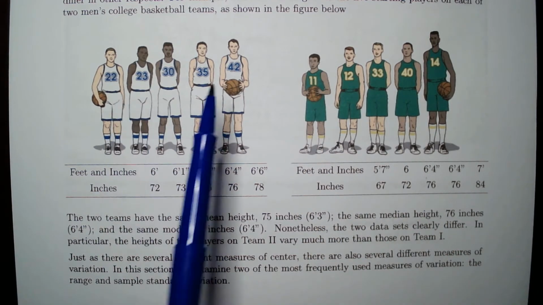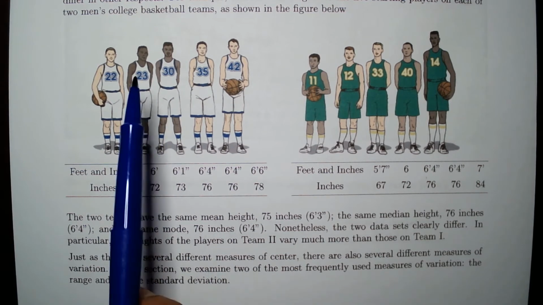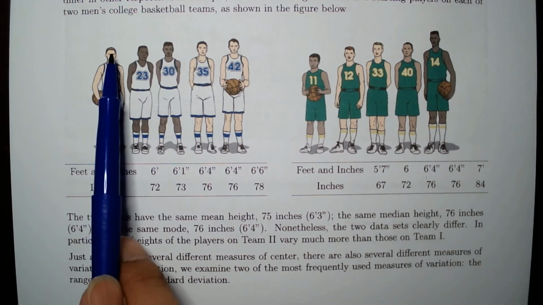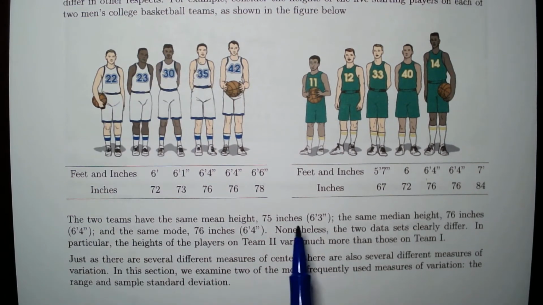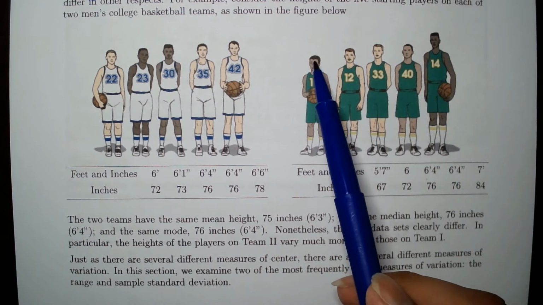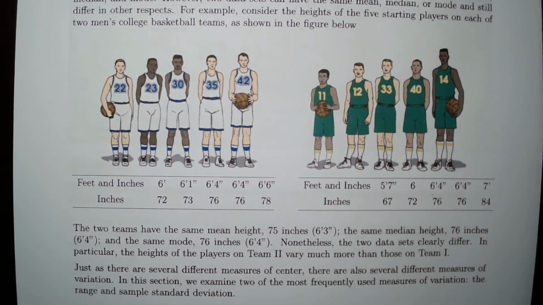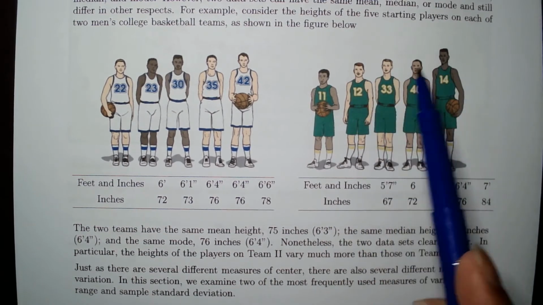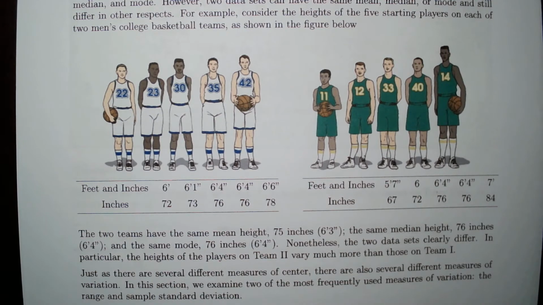For example, in the first team the players are all about the same height, and yet they have the same measures of center as the other team, which has differences in height. This one is way shorter, and this one is way taller. So the dispersion of their heights is more noticeable here than here.